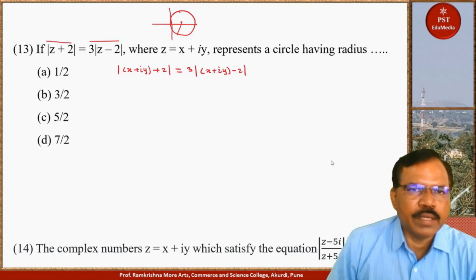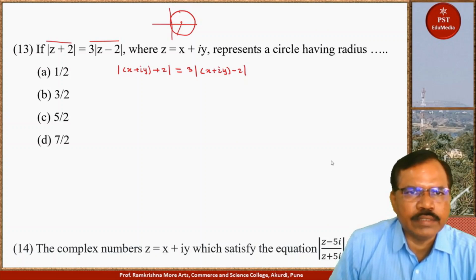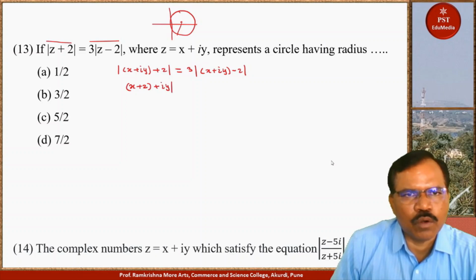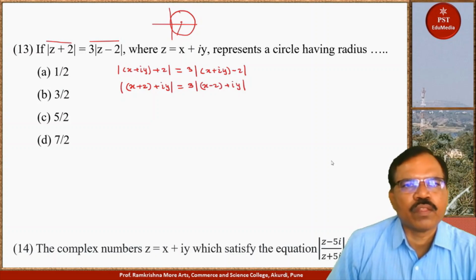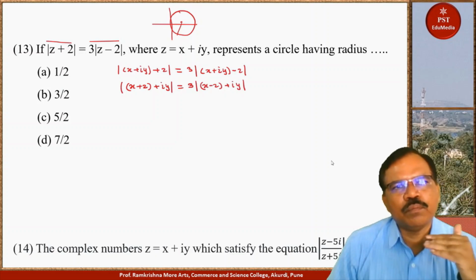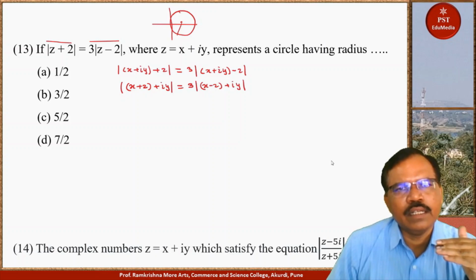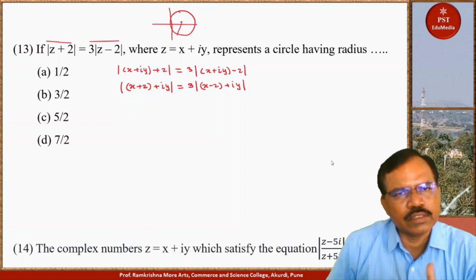Now here you can write this as modulus of x plus 2 plus iy is equal to 3 times modulus of x minus 2 plus iy. So here modulus of z is root of x square plus y square.